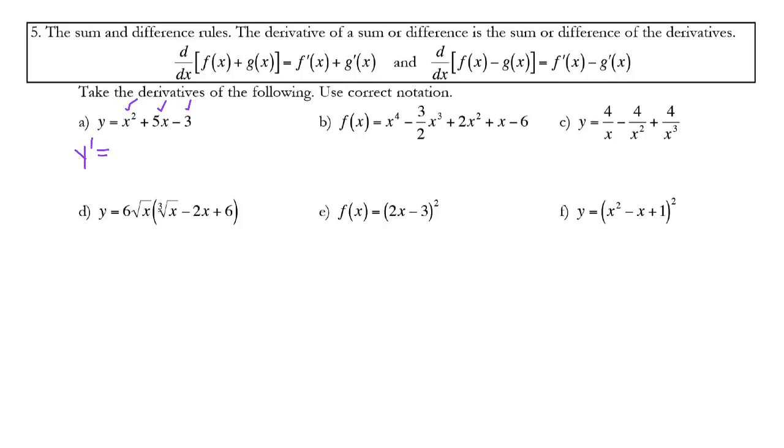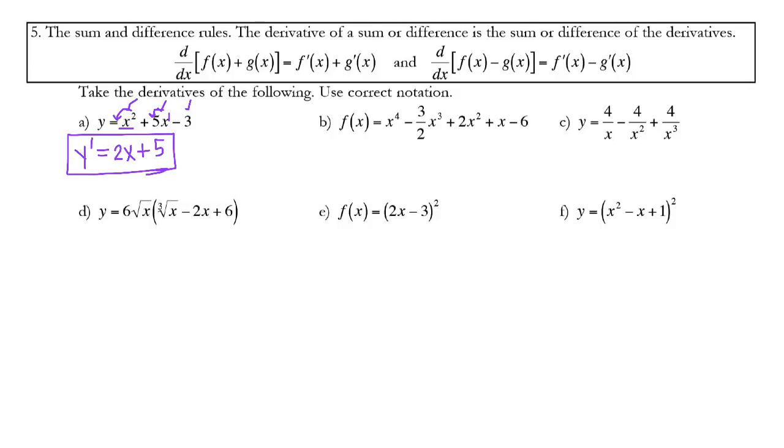So the derivative of x squared, we're going to multiply that 2 down to the front, so that's going to be 2x to the first, plus, and if we do the derivative of 5x, 1 times 5 is still 5. And if we subtract our exponents, then we see that the x's disappear, and the derivative of negative 3 is just 0. So this portion right here would be our final answer.